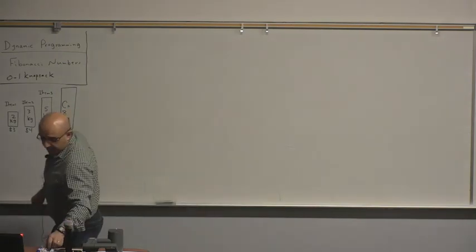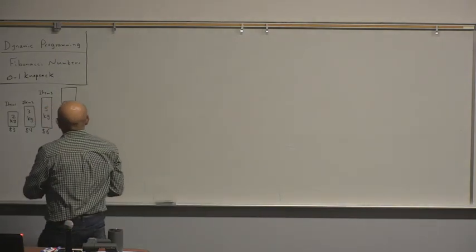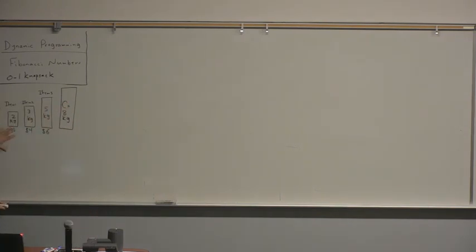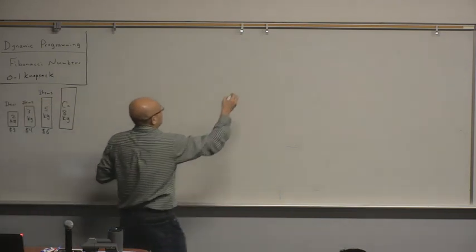Okay, so my table is going to look like this, for this example. I'm going to grow the solution in 2 dimensions. In 1 dimension, I will increase the number of items. In the other direction, I will increase the capacity.